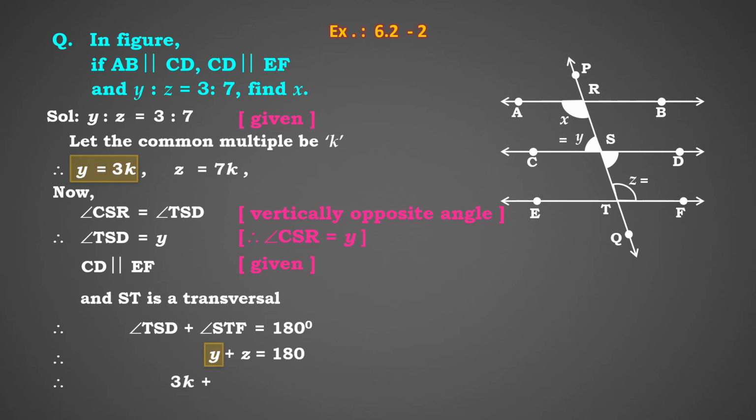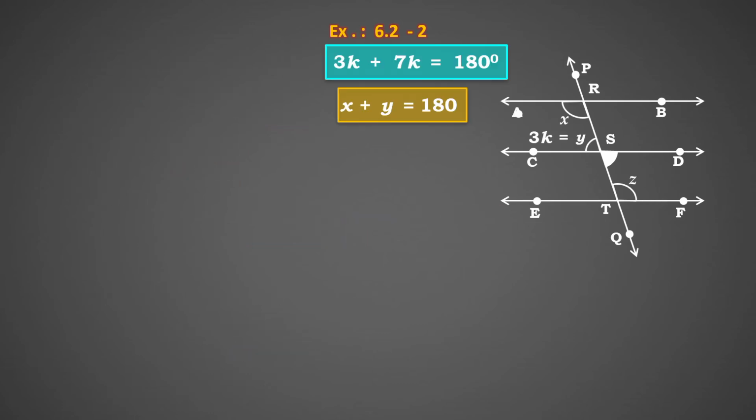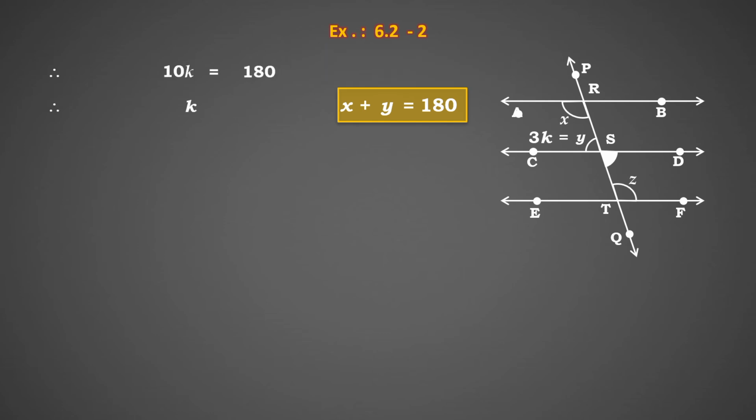So, 3k plus 7k equal to 180. So, 10k equal to 180. So, k equal to 180 divided by 10. So, k equal to 18 degrees. So, y equal to 3k equal to 3 into 18, that is y equal to 54 degrees.